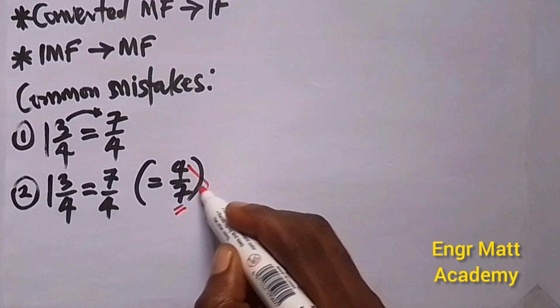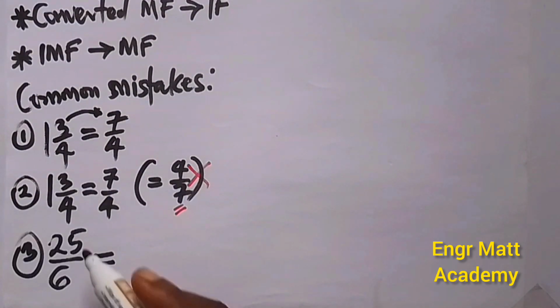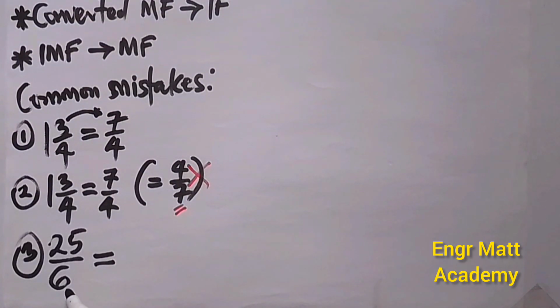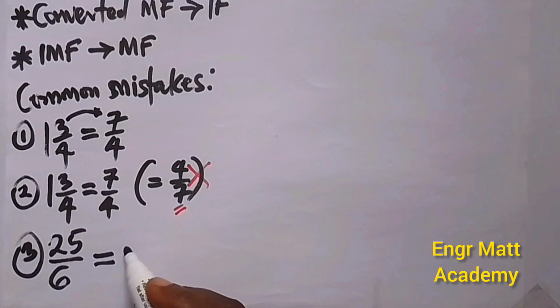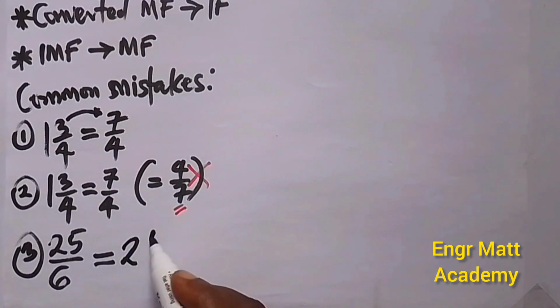This one is wrong. Then when converting improper fractions to mixed fractions, remember that the whole number comes from division. Many students have ended up writing something like this: 2 whole number 5 over 6. That is wrong.